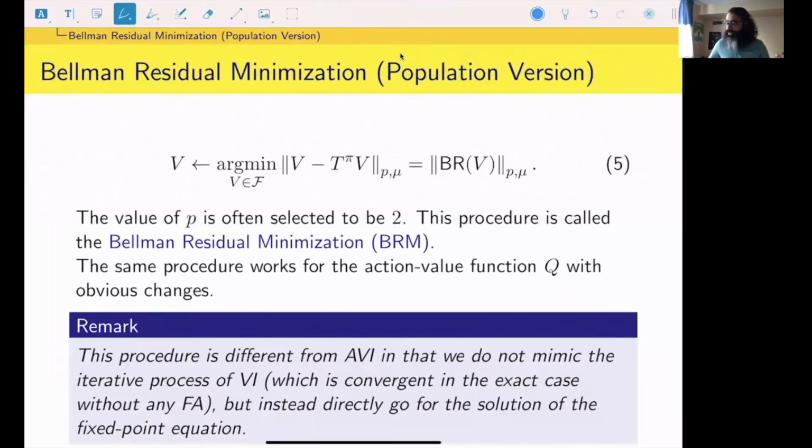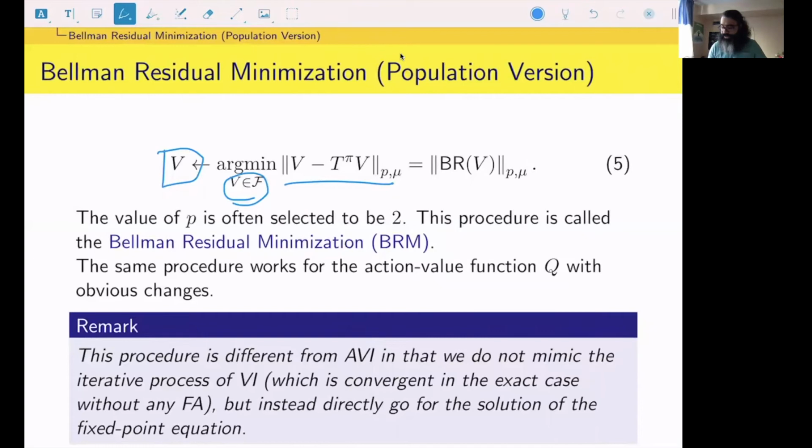So the procedure is: we take the LP norm of V minus T^π V, and then find the minimum over value functions within some value function space. That would be our approximated value function. This also can be written as a Bellman residual.